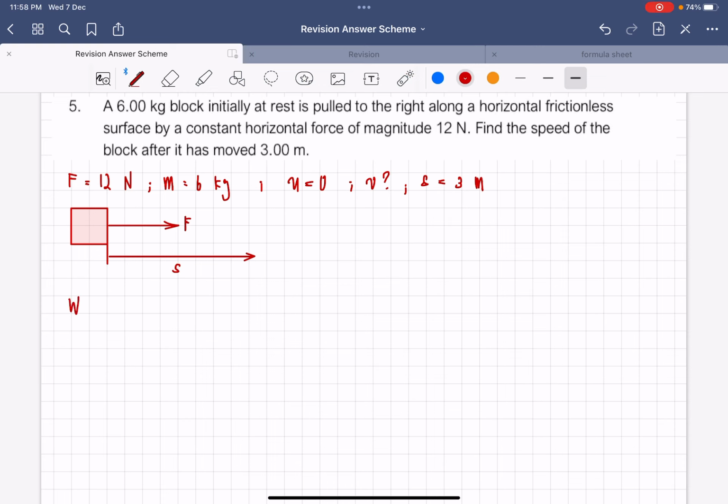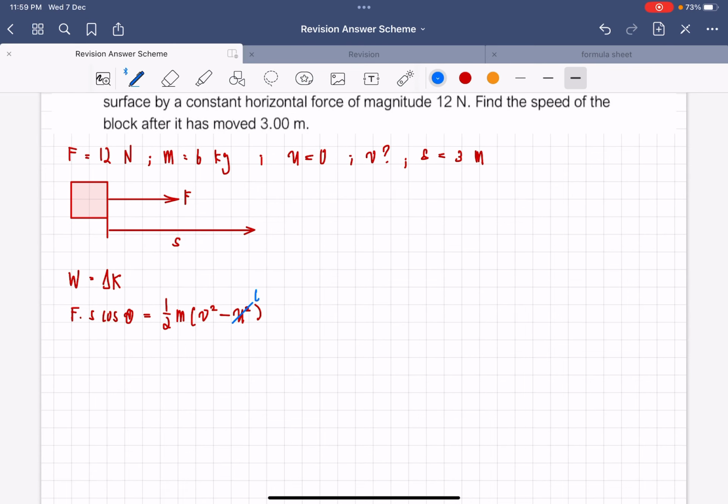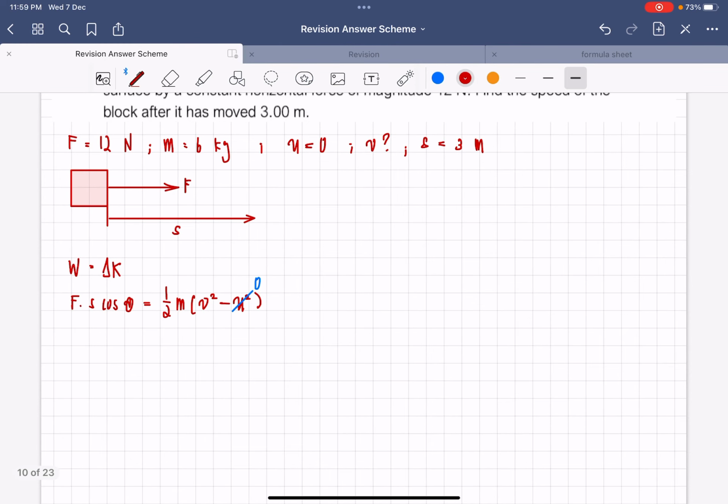Work done is equal to the change in kinetic energy, and we know that work done is equal to F s cos theta equal to half m v square minus u square. We know that u should equal to 0, so we can cancel this, and then just substitute all the values into this formula, because we do have everything now.